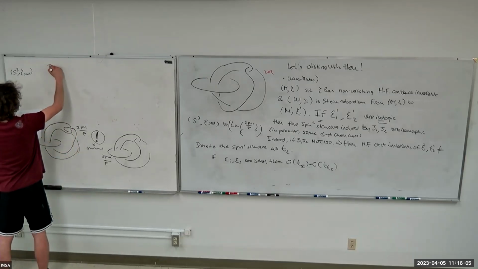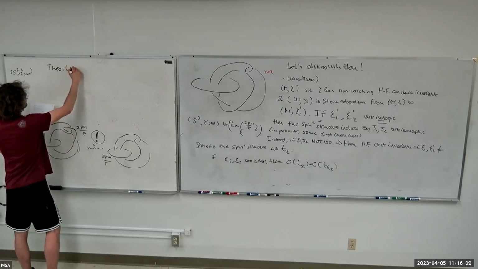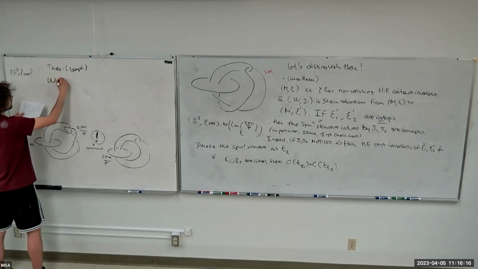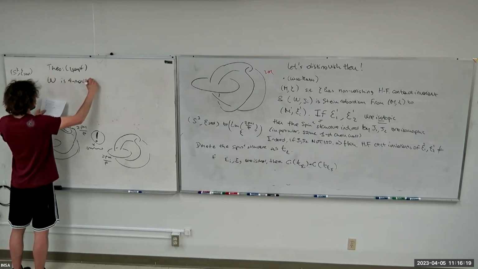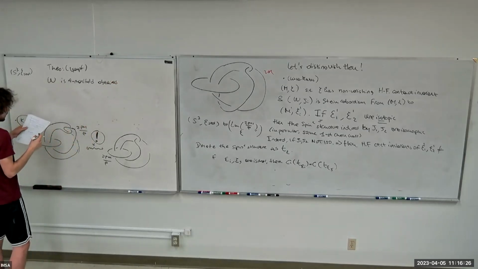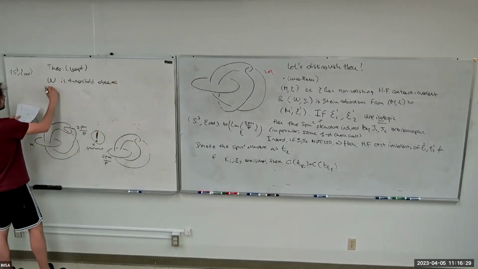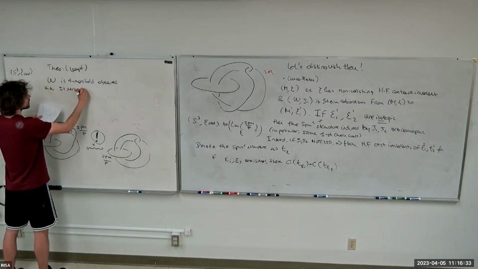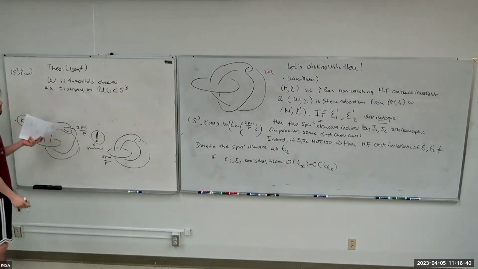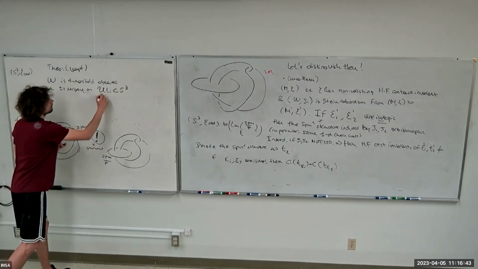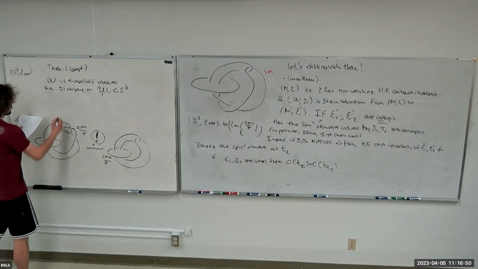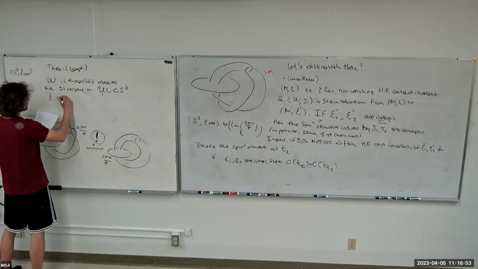So as for the computation of those, this just says that if I take W, which is a 4-manifold, obtained by surgery on a link, which is just a union of knots K_i, contained in S3, and I take the contact structure.